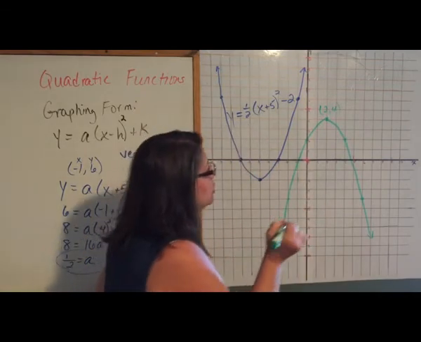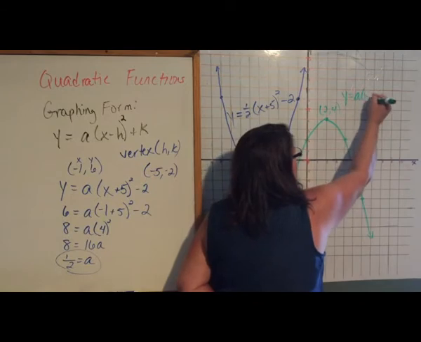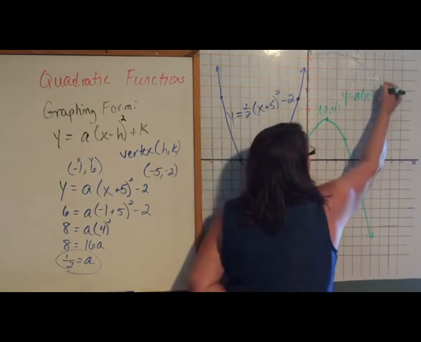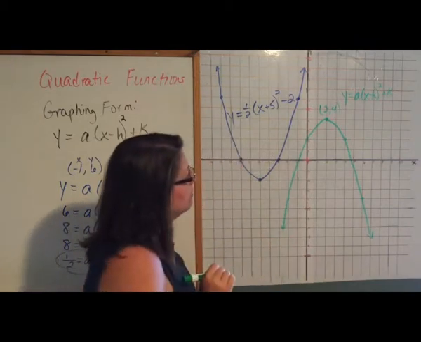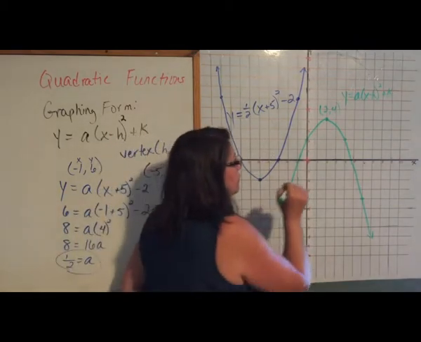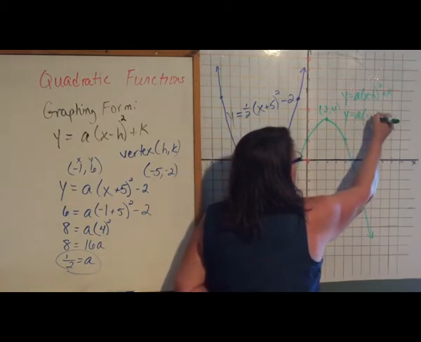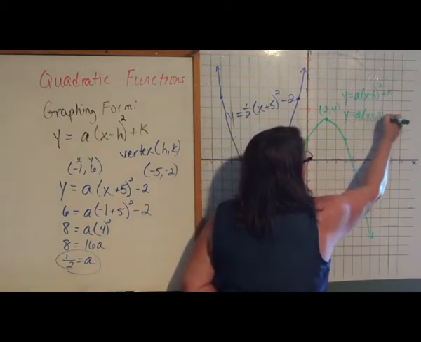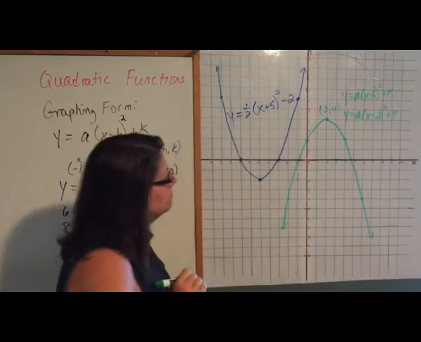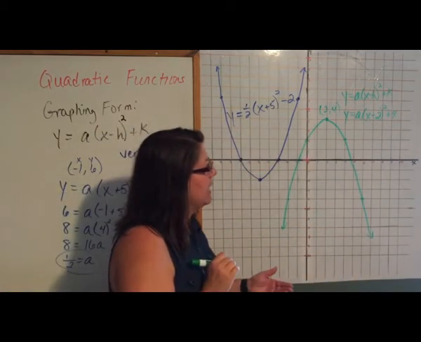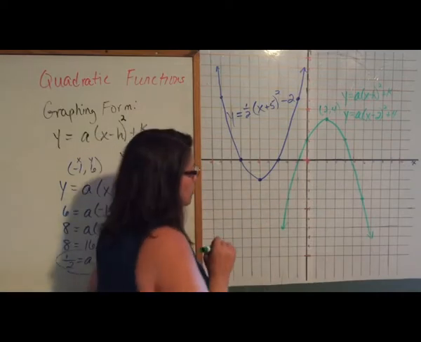I'm still going to use the formula y equals A times x minus h squared plus k. So if I plug the vertex 2, 4 in, I have y equals A times x minus 2 squared plus 4. And then in order to find A, I would pick any other point on my graph.